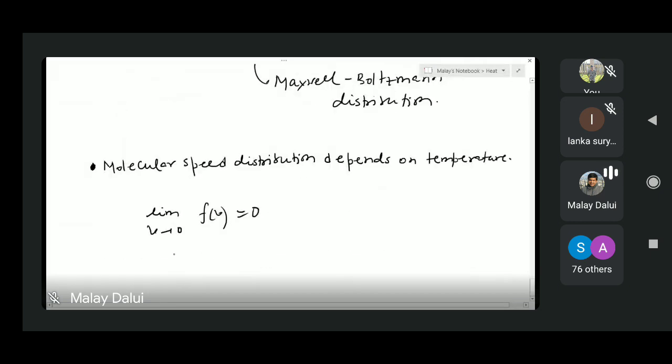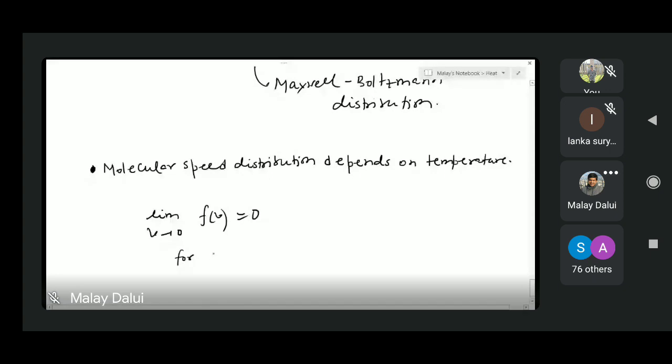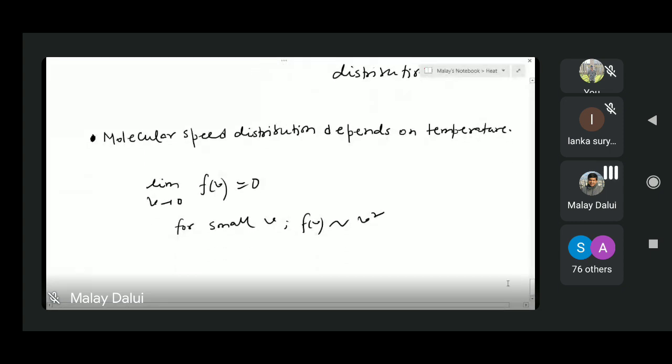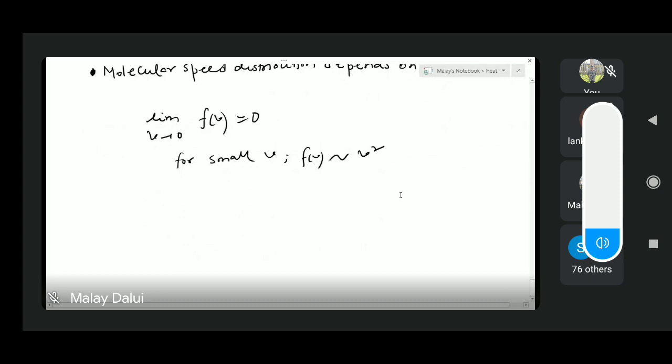For small v, f of v goes as v square, because the exponential is not as fast as v square near the origin.